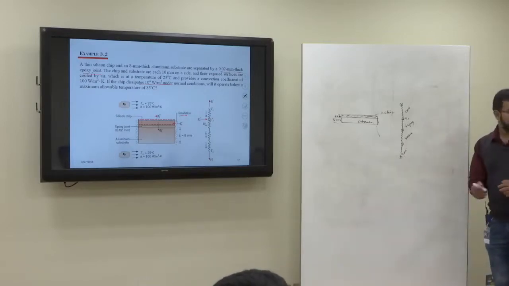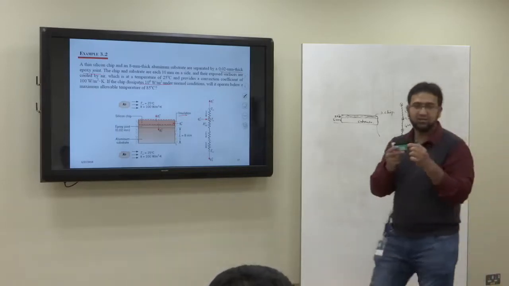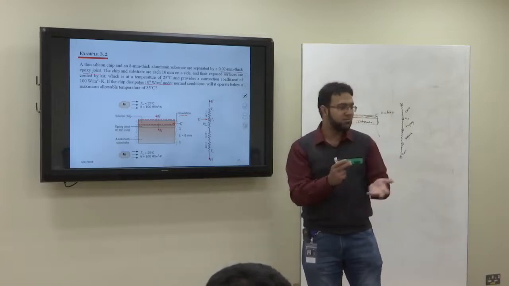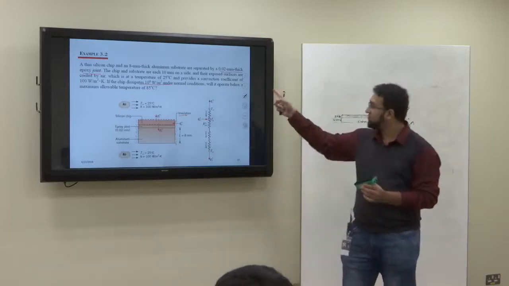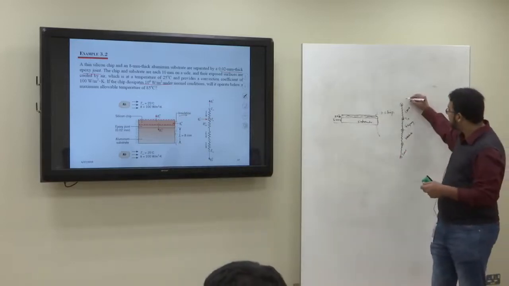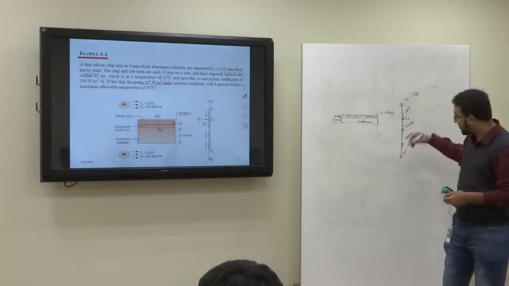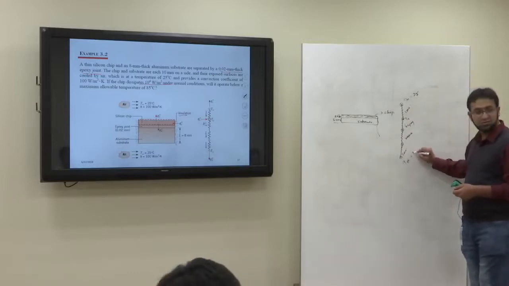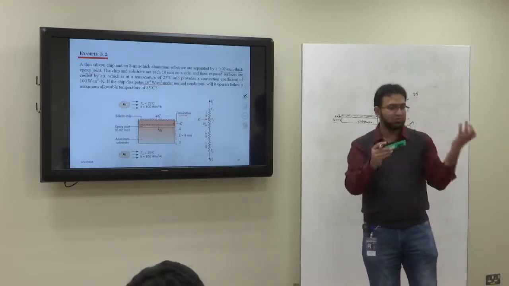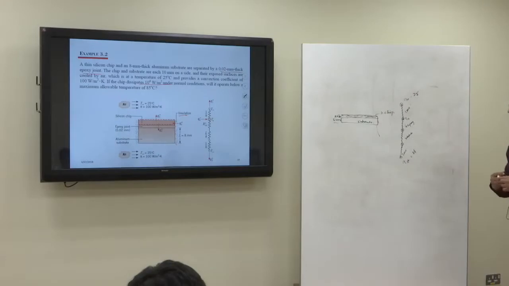Now this was the chip and the substrate, and air is blowing over and below, so it's the same air. The air temperature was 25 degrees, so the temperature above is also T infinity, 25. The temperature below is also T infinity, 25, because it's the same air which is blowing from the top and from the bottom.